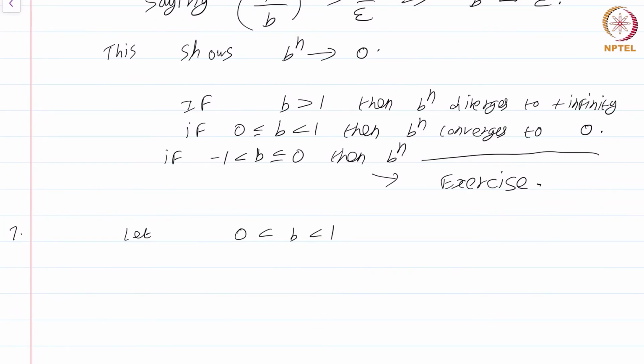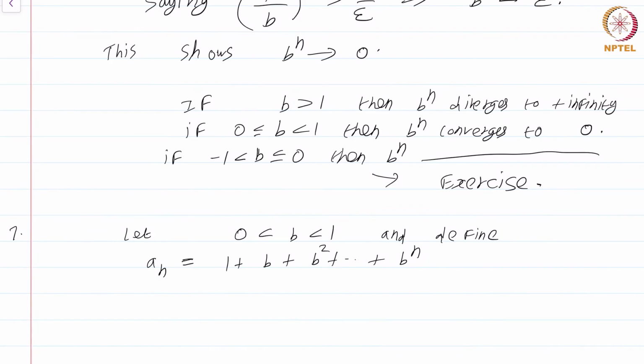Let 0 less than b less than 1 and define an to be 1 plus b plus b squared plus dot dot dot b power n. Okay. I'm defining the nth term of the sequence to be just 1 plus b plus b squared plus dot dot dot b power n. Okay.